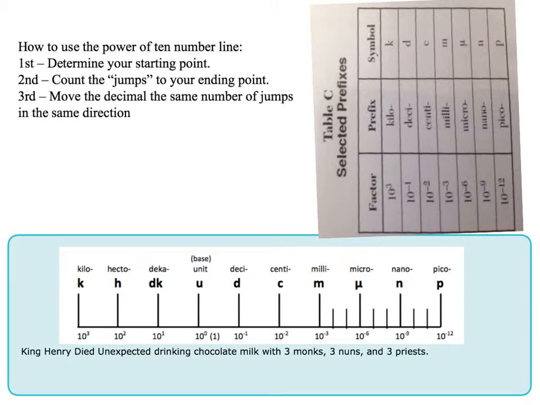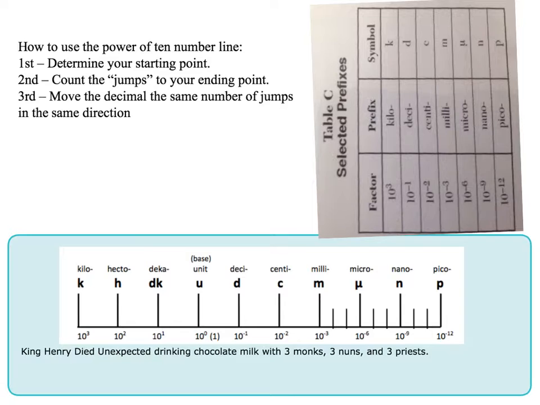It is not important, however, for you to know the prefix name associated with a tick not listed on reference table C. Again, what we have here is a number line from the greatest power of 10, 10 to the third power, to the smallest power of 10, 10 to the negative 12th power, making sure that a tick is provided for each number in between.